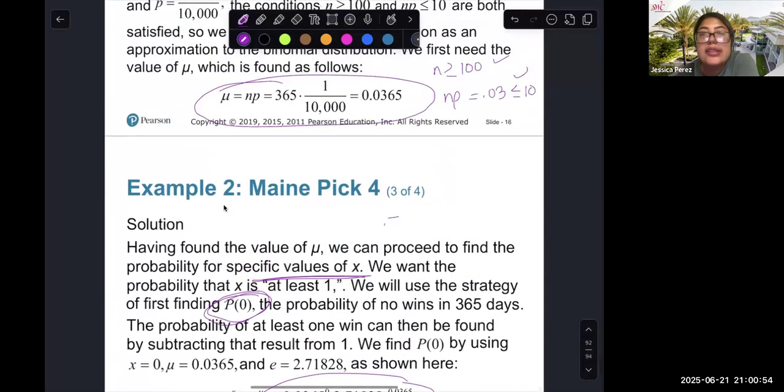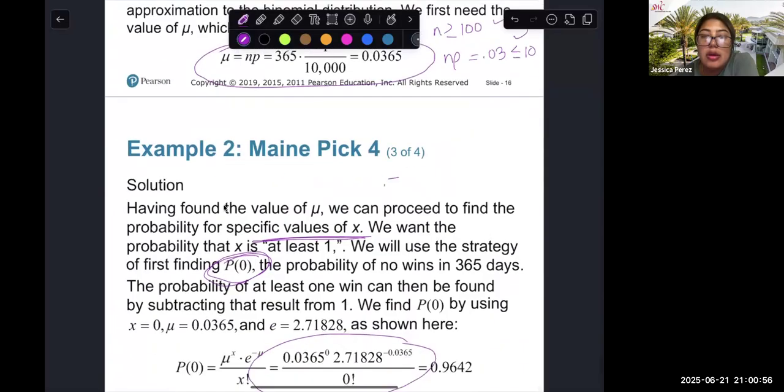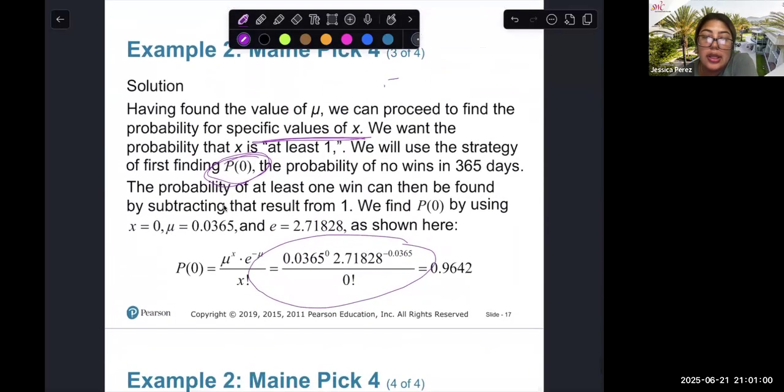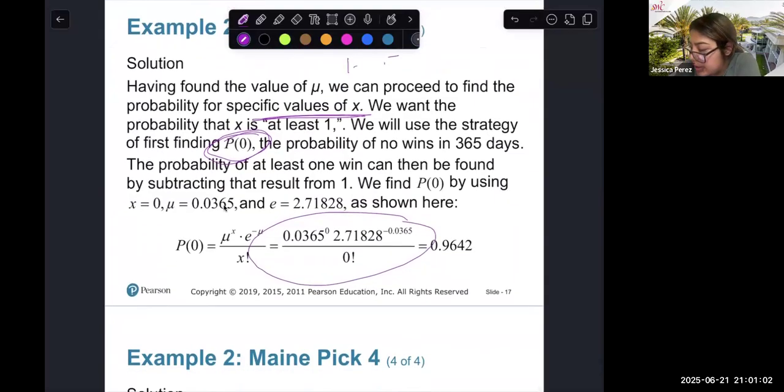Remember, there were 2 ways of finding this. I'm not going to do all 364. I'm just going to do 1 minus the probability of 0, because we're using the complement here, since it's saying at least 1.